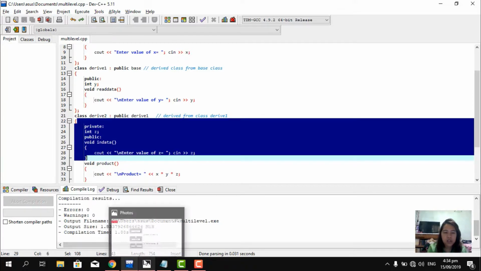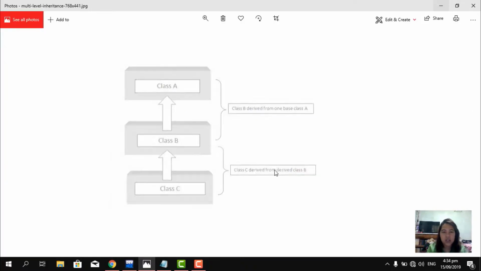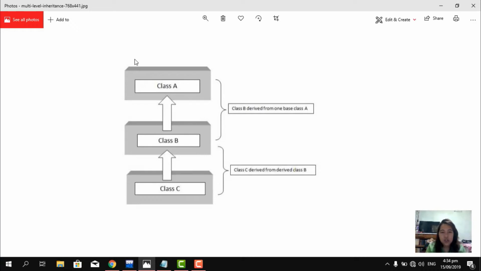To make it easier to understand, this is the diagram. So this is the base class or the parent class, and class C is derived from class B, and class B is derived from the base class A.